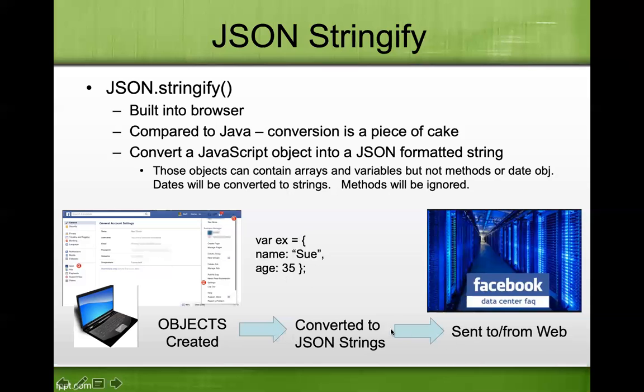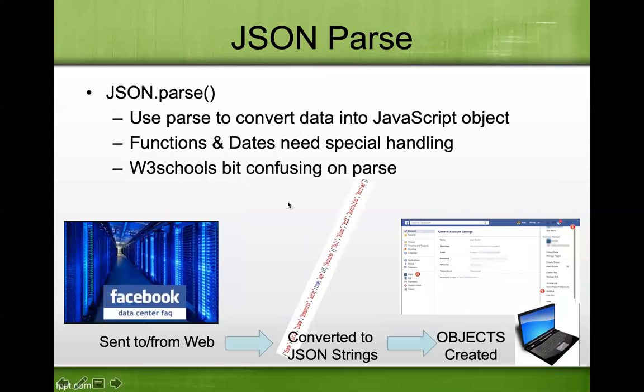So it's sent to the web, and then on the other side, when you parse it, when you get it back, you're going to be getting something from the web. You're going to be getting a string, which was converted into a string, and it sends it back to your computer, and your program on here is going to convert that back to objects, okay?